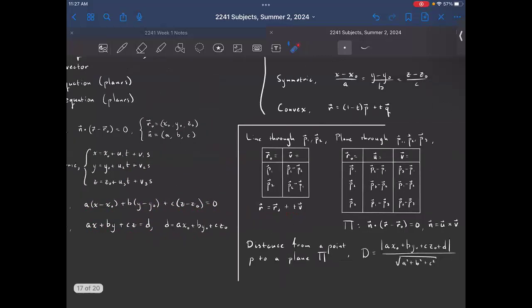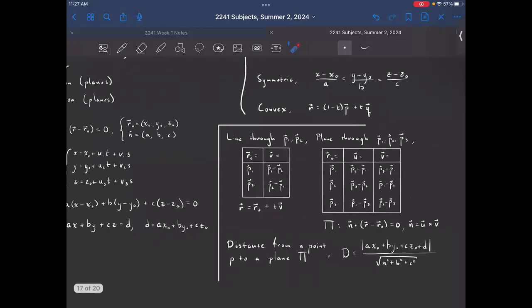All right. Next, we have how do you write down these formulas? Well, given some points, P1 and P2, or P1, P2, P3, you can use these tables to figure out what are all of the things that I need to write down the equation of my line or my plane.